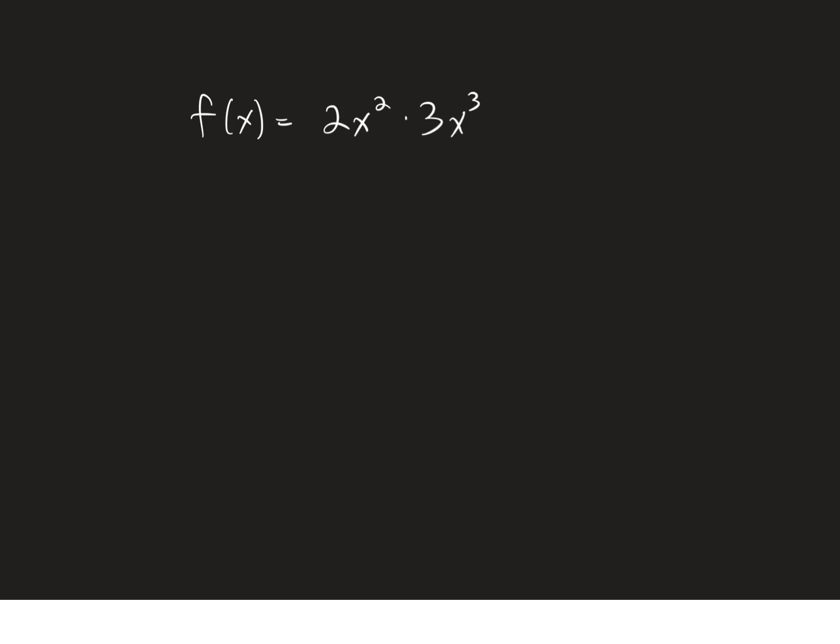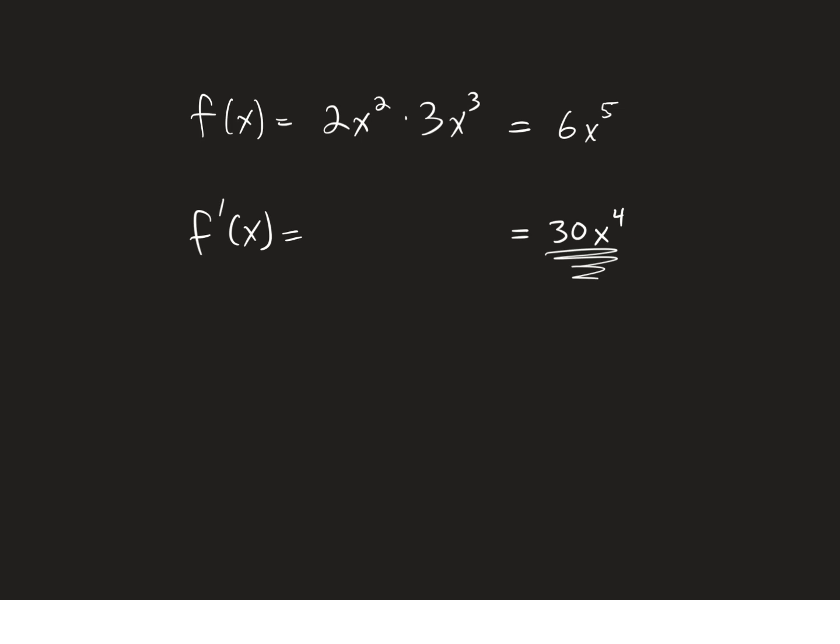Now, this is something that you could very easily use a little bit of algebra and multiply together. 2 times 3 would give us 6, and then x squared times x cubed would give us x to the 5th. So if you wanted to compute f prime, you would very naturally just focus on 6x to the 5th. The derivative of that, you take the 6 times the 5, would be 30, reduce the size of the exponent by 1. So we should end up getting 30x to the 4th.